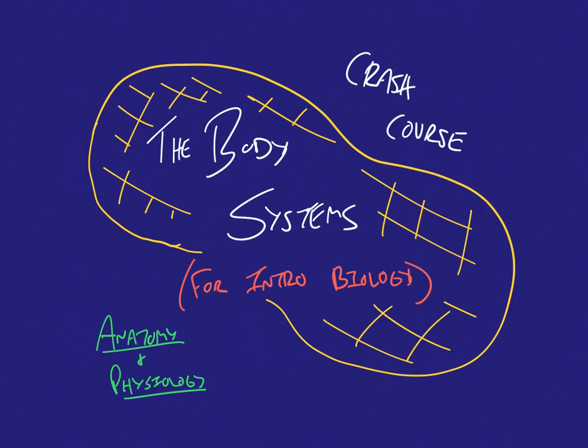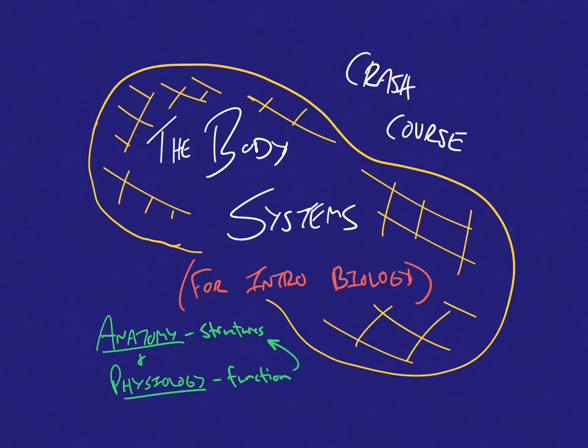Basically, anatomy is the structures of a body, and physiology is the function of those structures. So this is a really large and complex area of study, and we're going to try to do this in one little note video.